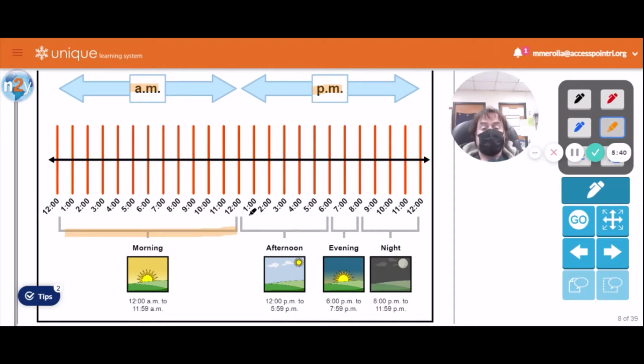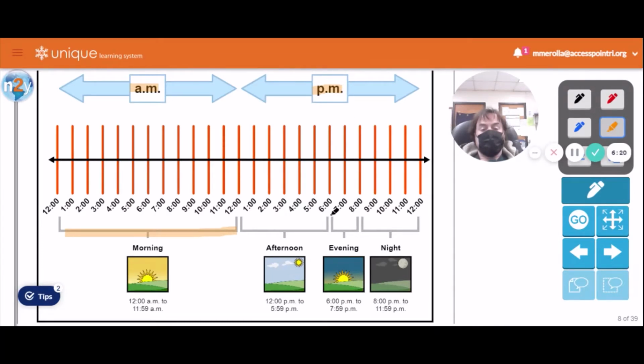The afternoon is 12 p.m., which is lunchtime, to 1 minute before 6 p.m. So 12 noon to 5:59 is the afternoon. I know this is kind of a tricky concept. Then the evening is considered 6 o'clock in the evening, 6 p.m. to 7:59 p.m. So the evening is kind of a short period.